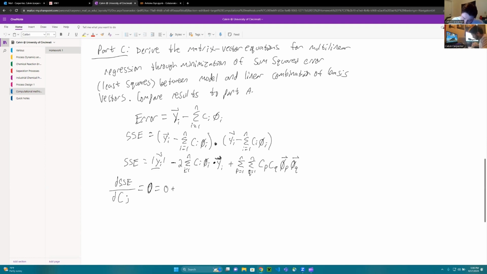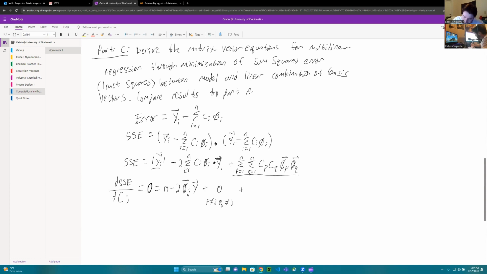And then this next term is going to be -2 phi j times y. And then for this final term, we're going to have to take 3 separate cases. We're going to have one case where p is not equal to j and q is not equal to j, which will just have 0.